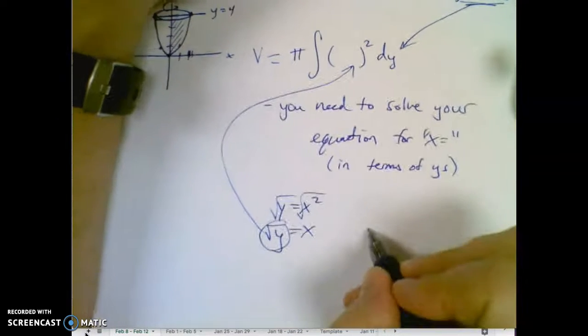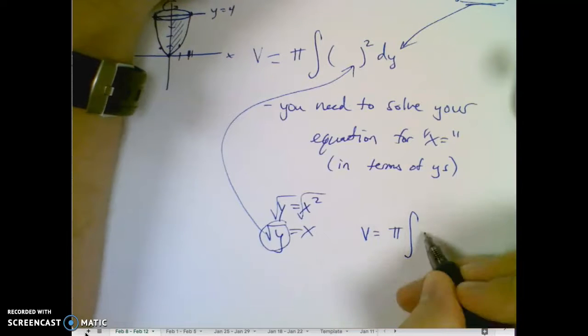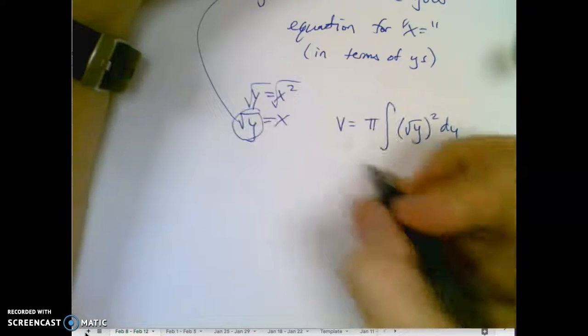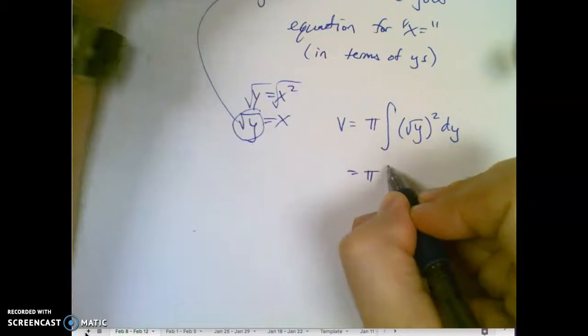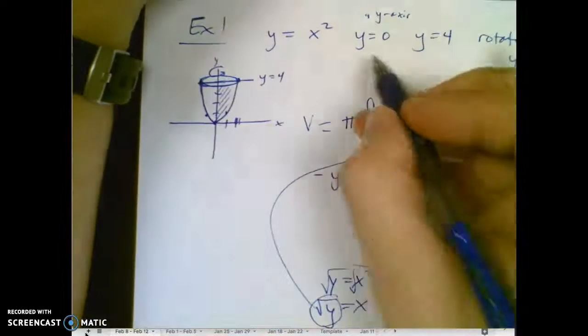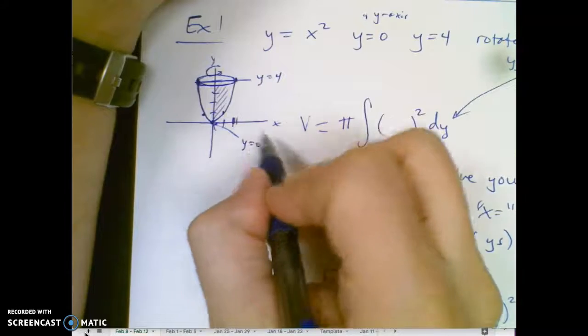Okay, so my equation for volume is going to be pi times the integral of my radius squared dy. And now it's a pretty easy problem, right? Pi, oh wait, what numbers do I go between? Here's another difference. You go between the y's, so what's the y value here? 0 and 4.